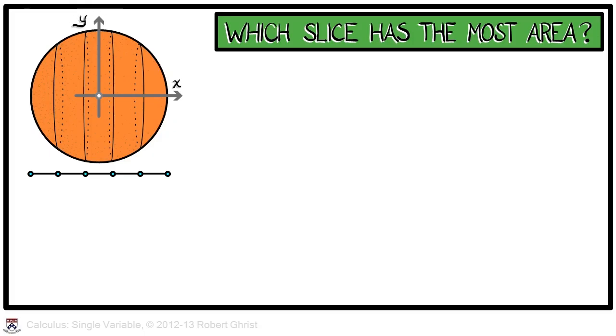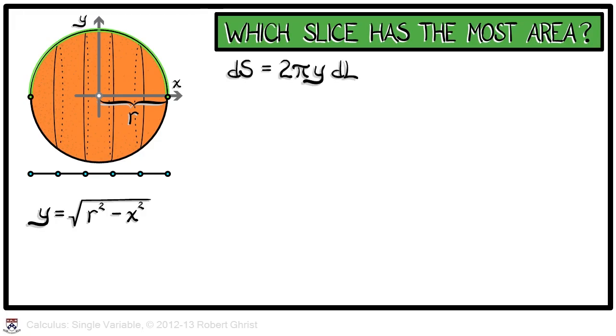Well, let's set things up in terms of some coordinates. If this is a ball of radius r, then it can be considered a surface of revolution, where we take the curve y equals square root of r squared minus x squared and rotate that about the x-axis.